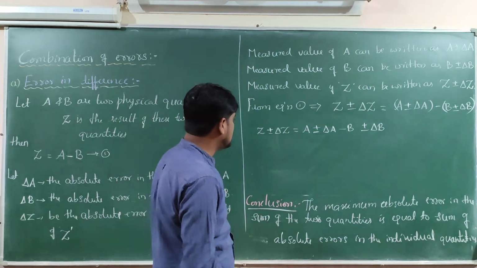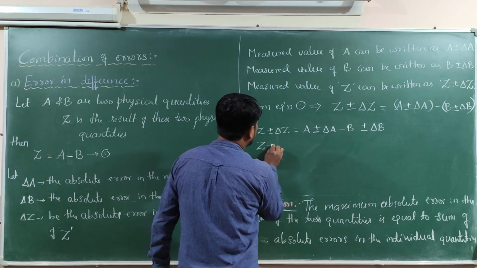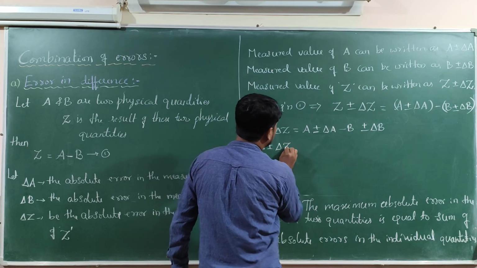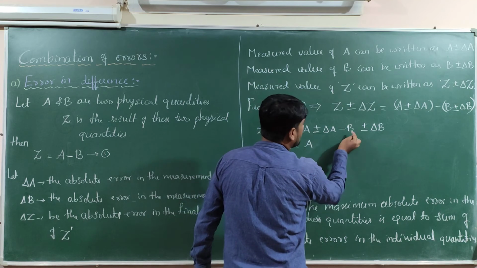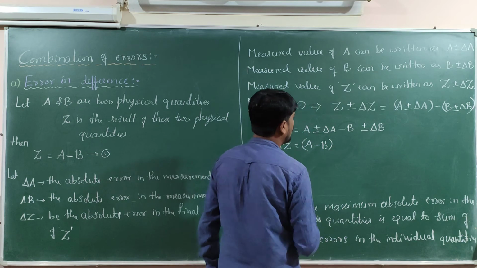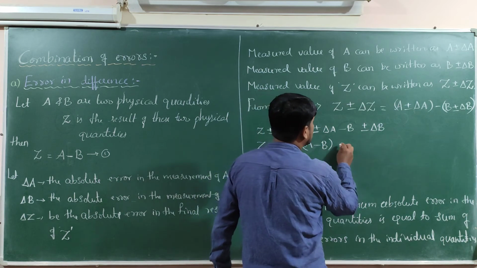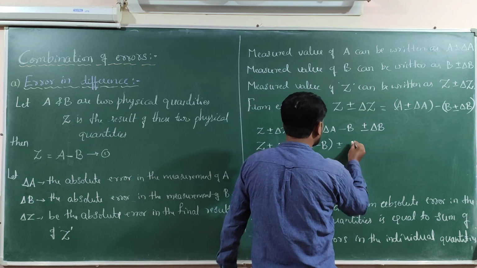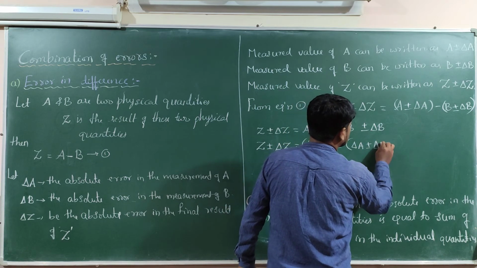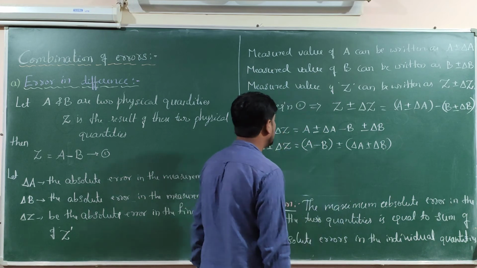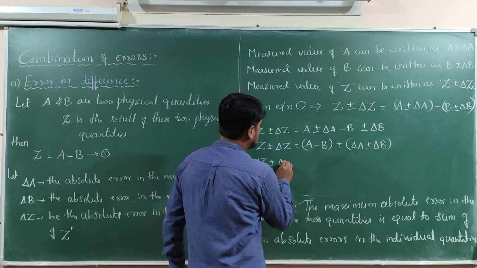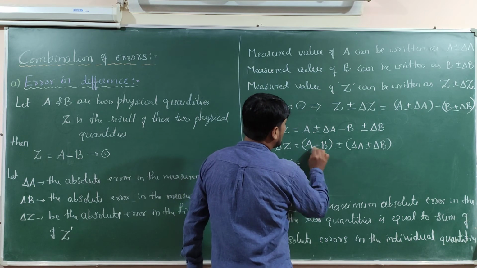Combine the terms. Once we combine, we will get Z plus or minus delta Z is equal to A, bring this minus B this side, so this becomes A minus B, next plus or minus delta A plus or minus delta B. Afterwards, Z plus or minus delta Z is equal to, what is A minus B?